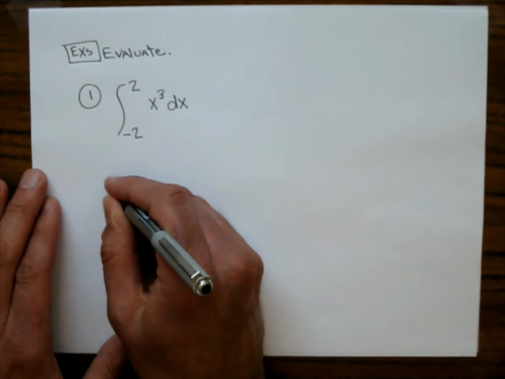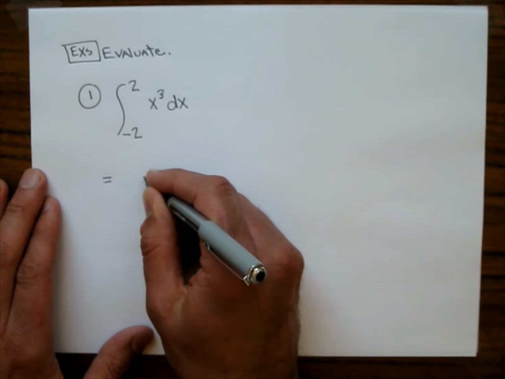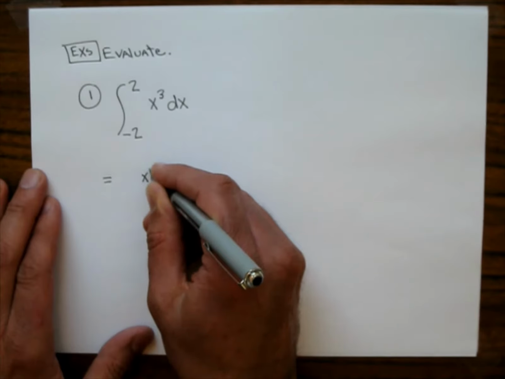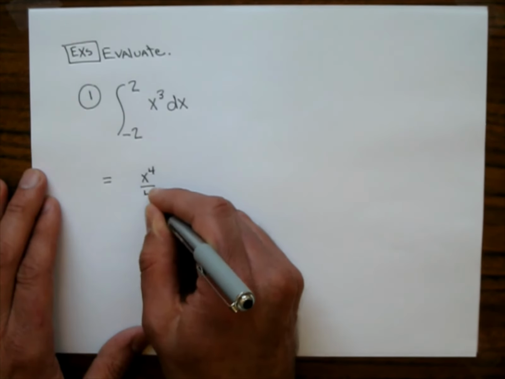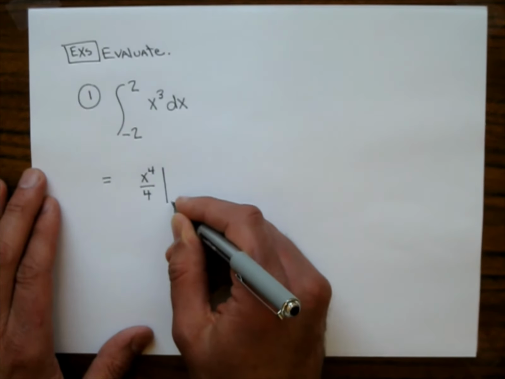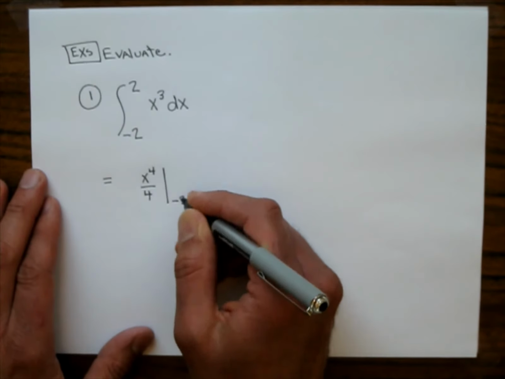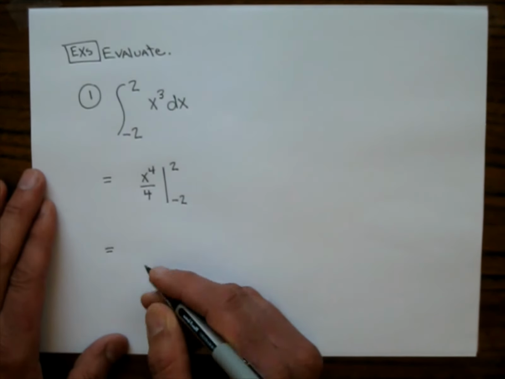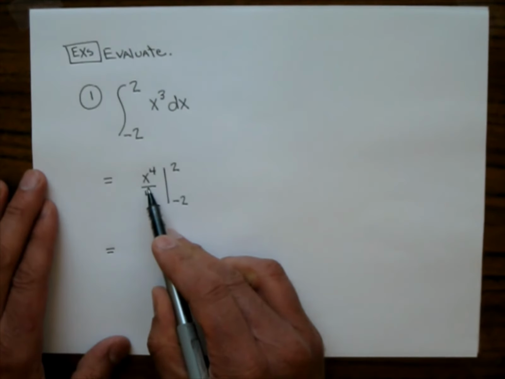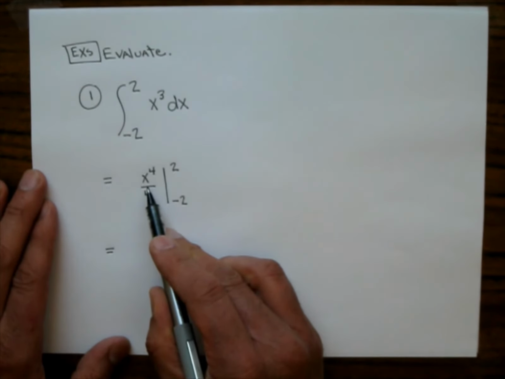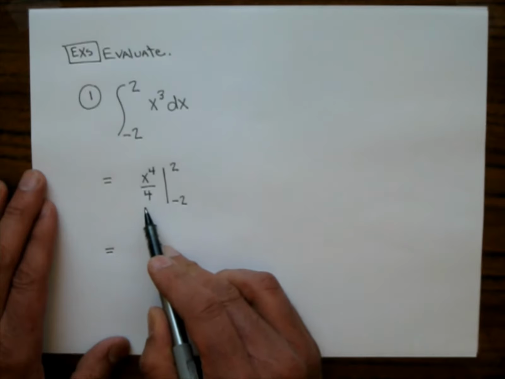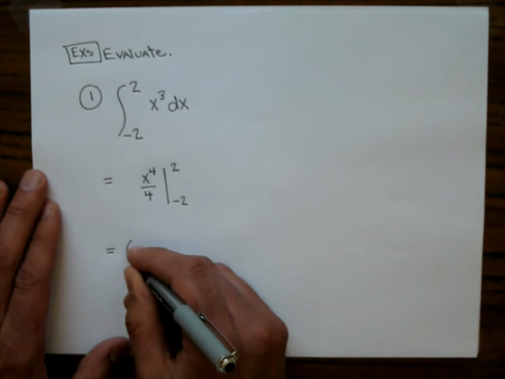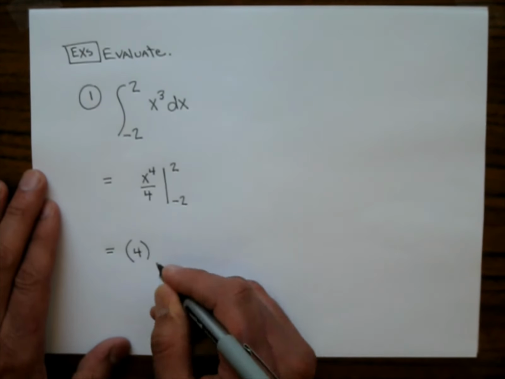I'm going to write this as x to the fourth over 4, evaluated from negative 2 to 2. And then I put 2 in there. I end up getting 2 to the fourth, which is 16 over 4. So that is 4 when I put the top one in.